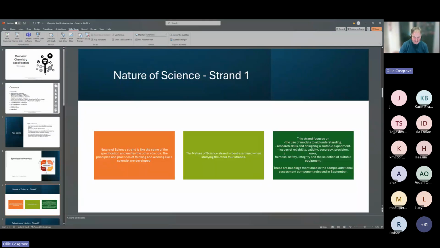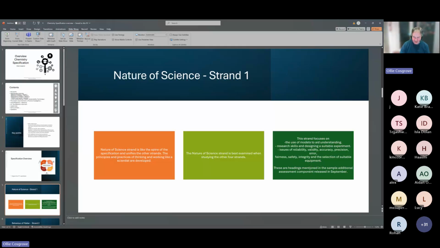Now, when you look at the sample one that they released in September, you'll see that they mention all these terms: reliability, validity, accuracy, precision, the nature of error, fairness, safety, integrity, and selection of suitable equipment. That seems quite random, but all of those terms are mentioned in the specification itself, in the sample one, and it'll be the same in the real one.